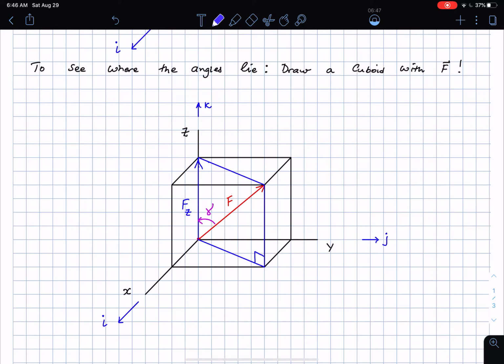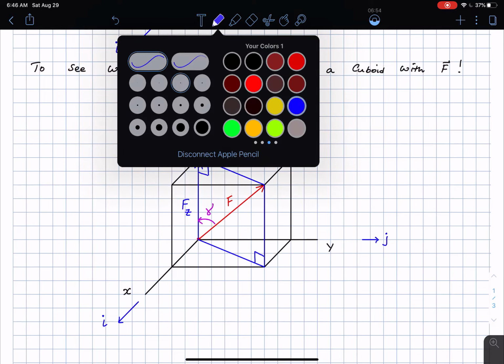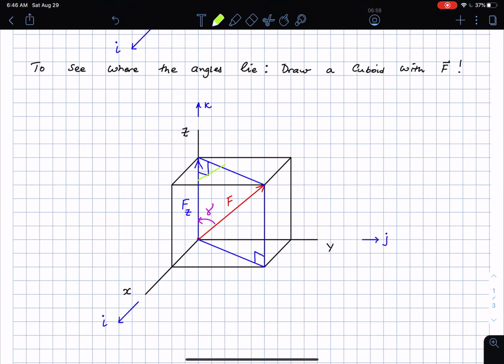their directions are specified by the arrows. So this is going to be Fz here, and then you'll see that this is a right angle triangle. If I shade that triangle which contains the angle gamma, it is very obvious to see that Fz is F times cosine gamma.